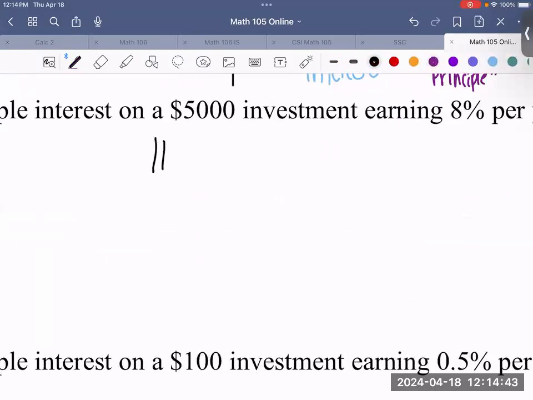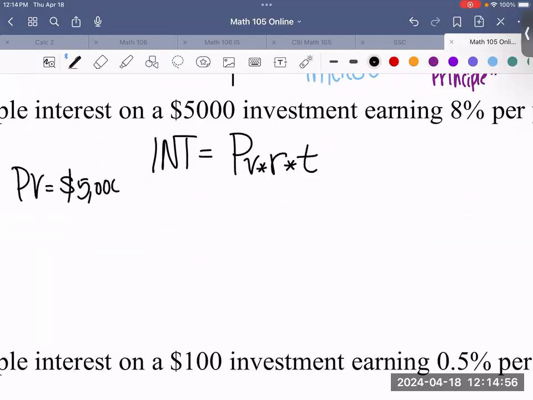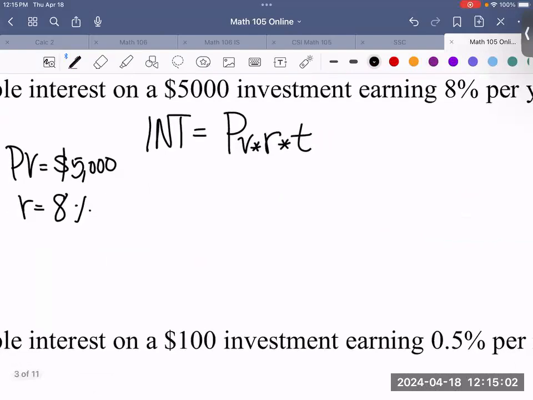So we know your interest is equal to your present value times your rate times your time. Well, your present value is your value that you have right now. Your interest rate is 8%, and this is going to be specifically for years.